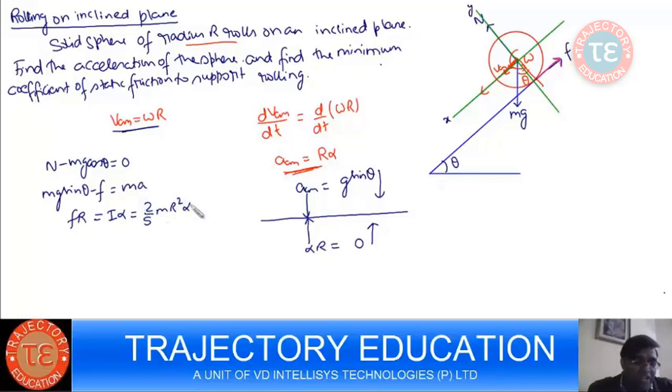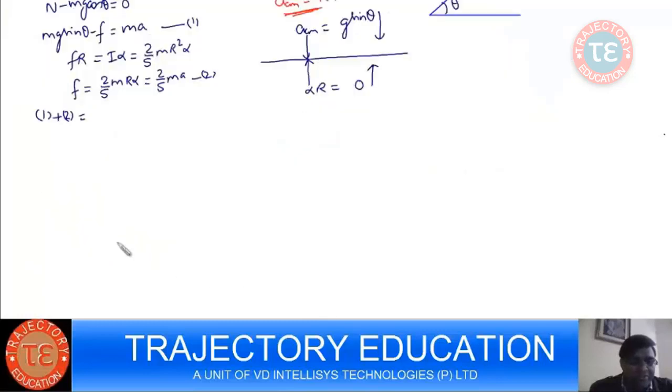So now we have to calculate what amount of friction is required to sustain rolling. So if I write F, this will be 2 by 5 mr alpha, and F should act in such a magnitude that R alpha should become equal to A. That is MA. This is 1, this is 2. So you add 1 and 2, what do you get?